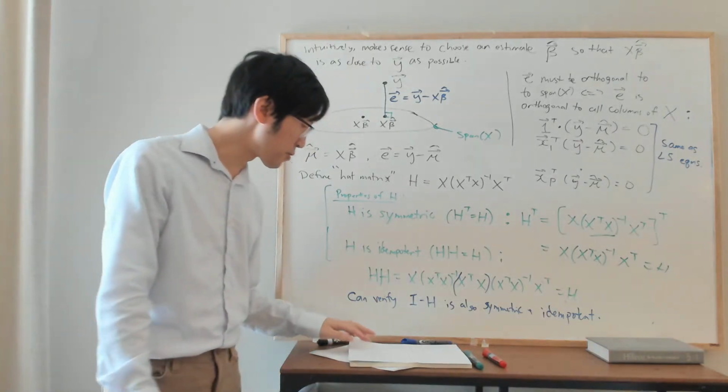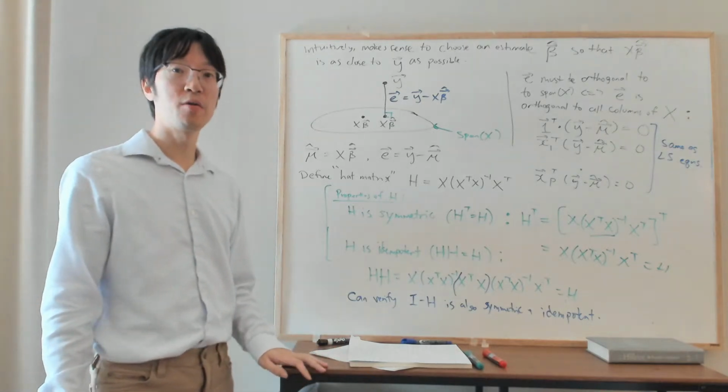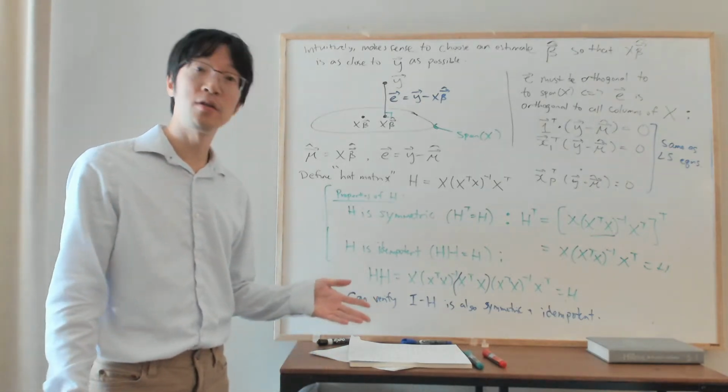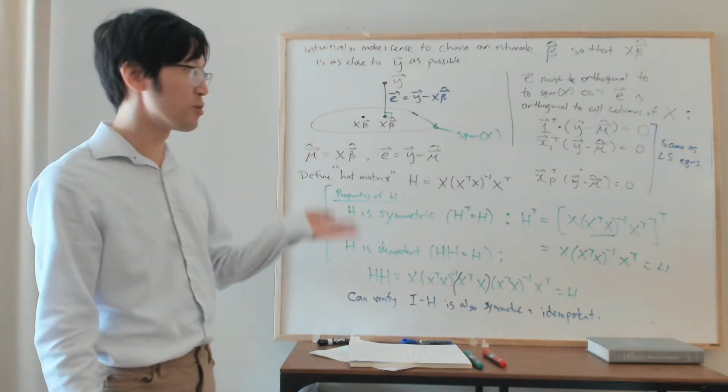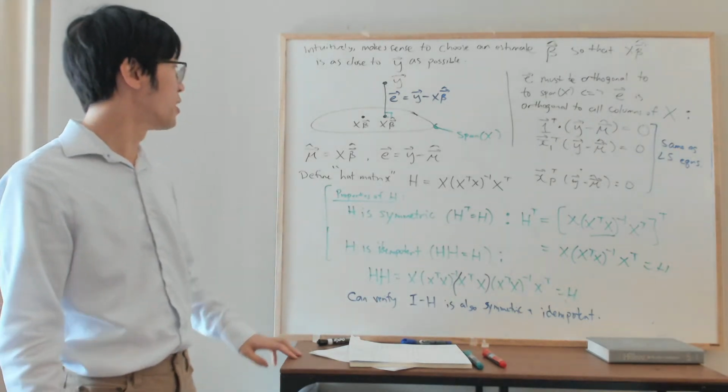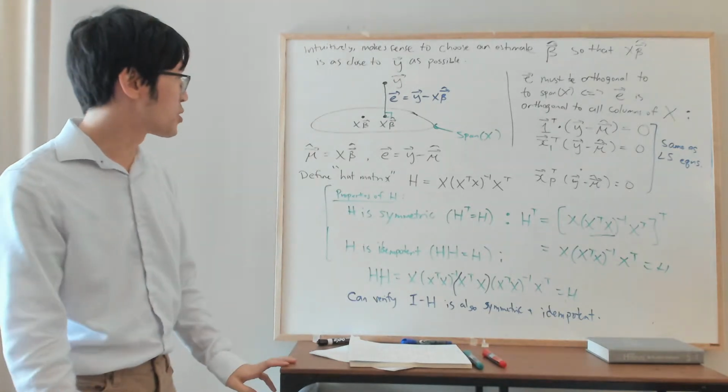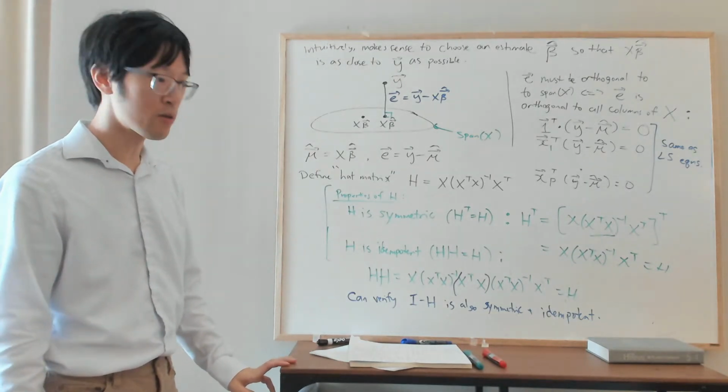So for the rest of today, we're going to follow a very similar pattern to the lecture where we did prediction for simple linear regression. We're just now going to do it in the multiple linear regression context, and I've defined some notation to make that a little easier.